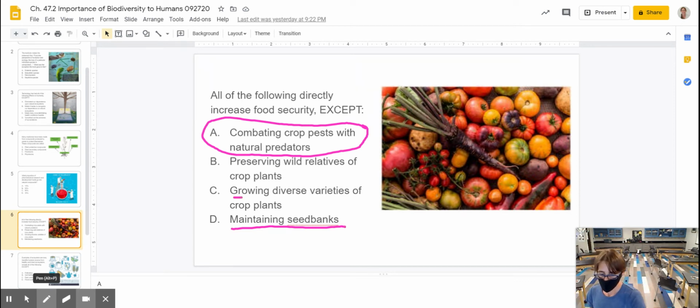If we grow diverse varieties of crop plants, then if it turns out one variety gets struck by a bad disease and gets wiped out in a particular year, we still have other varieties that are resistant to that disease. And also preserving the wild relatives of crop plants is really important too, because that'll help us develop new crop varieties in the future that might be resistant to different conditions that we might encounter.